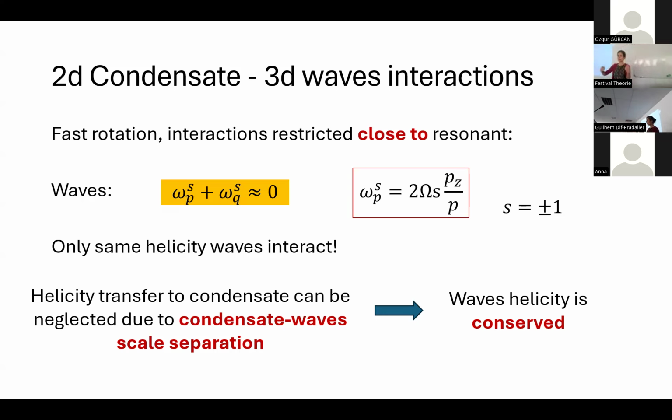They do not interact with opposite helicity waves. They only interact with the condensate, and you don't really transfer helicities to the condensate because it's large scale. Another way to think about it is that you have an adiabatic invariant in the system: helicity for each sign of the wave is a wave action, which is conserved.